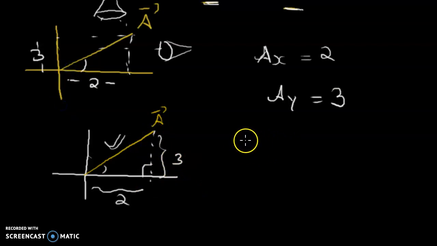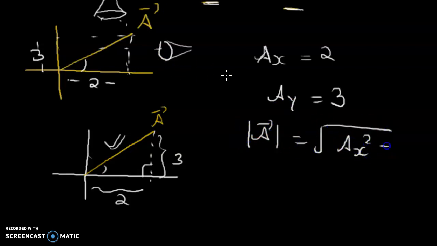You can easily find the hypotenuse, or the length of the vector, or the magnitude of the vector. So always the magnitude of a vector would be the square root of the sum of the squares of the various components.